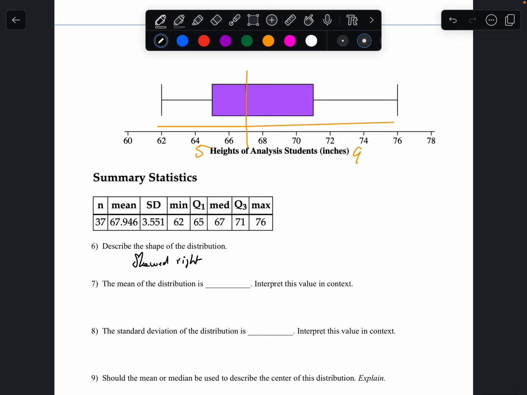Mean is 67.946 inches. Interpret this value in context.